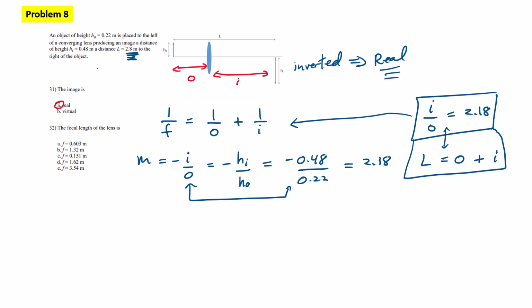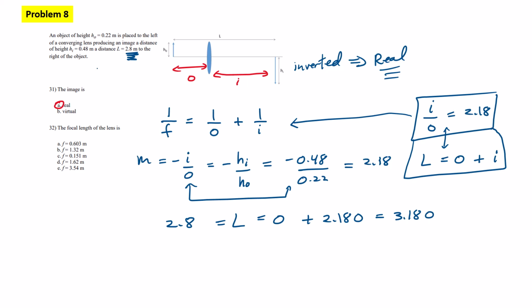All right, so let me start off by combining both of those. So what you're going to get here is L, which is equal to O plus, and instead of substituting I here, I'm going to write I as 2.18 multiplied by O. You factor out the O, you get 3.18 multiplied by O, and my L value was 2.8 meters. All right, so we can go ahead and substitute.